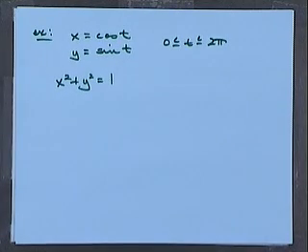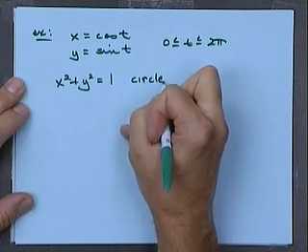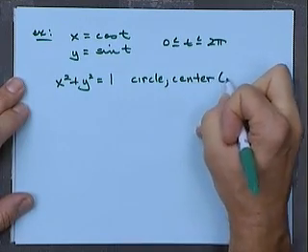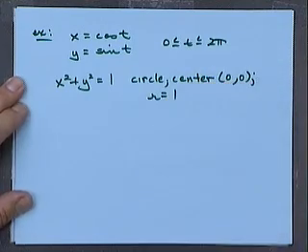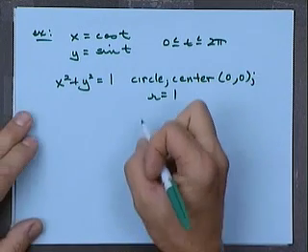Everybody recognize that. What would that be? X squared plus y squared equals 1. That's a circle, right? Circle with center at the origin. And a radius of 1, right? We give that a nice little name and call it the unit circle, right?